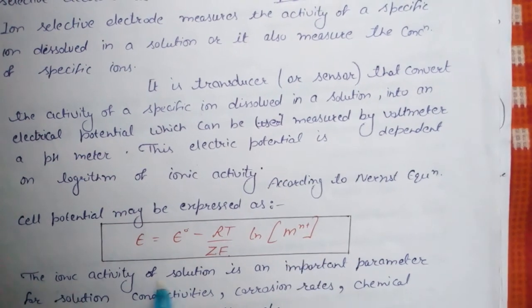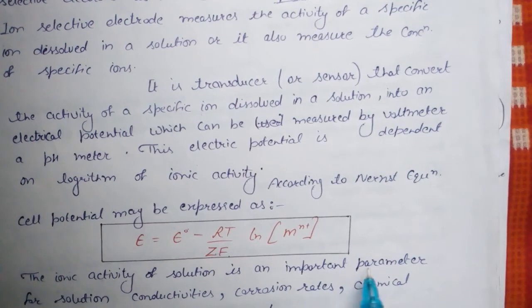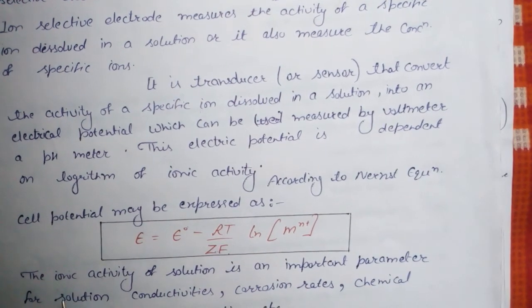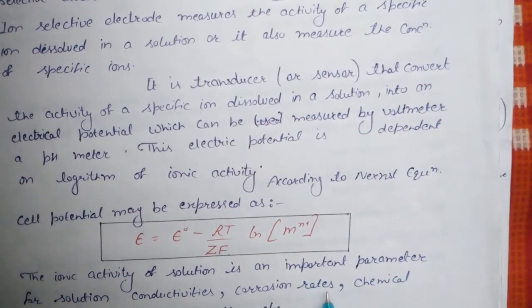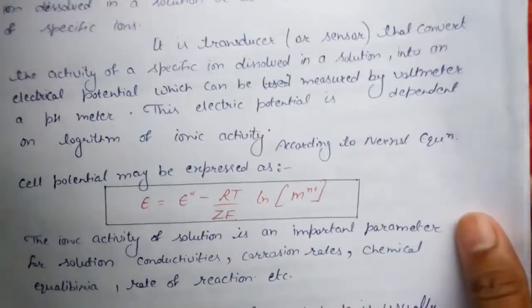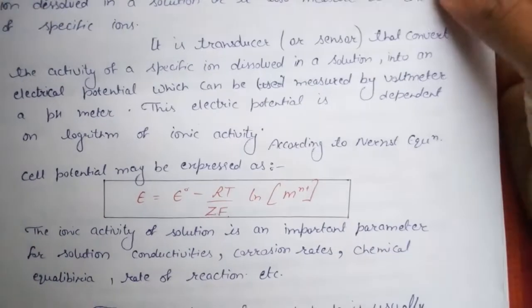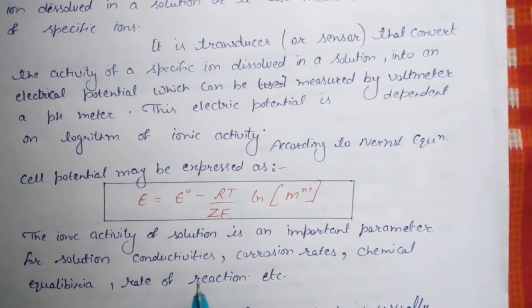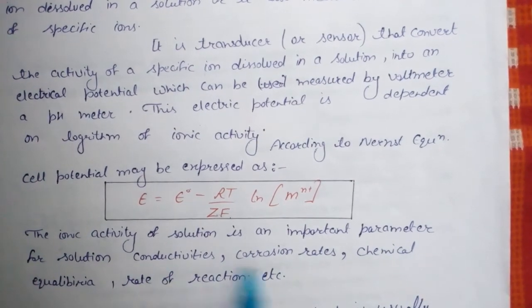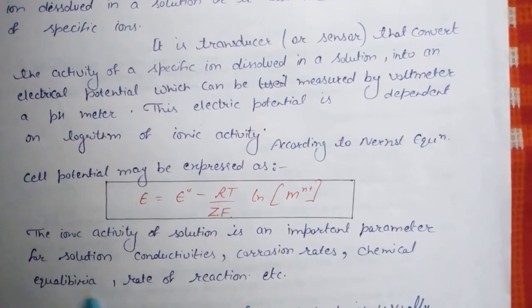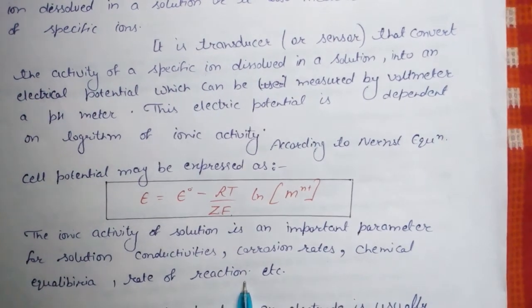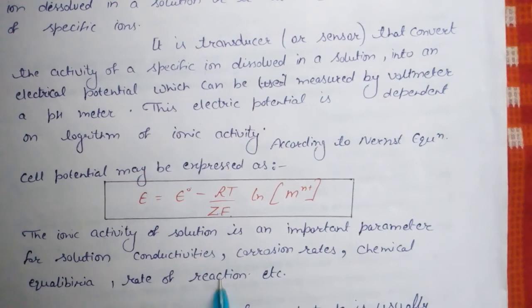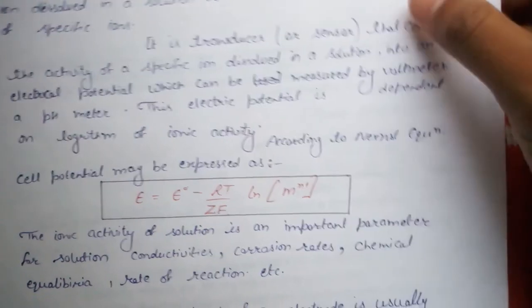The ionic activity of a solution is an important parameter for solution conductivity, corrosion rates, chemical equilibria, or rate of reaction, etc. Conductivity, corrosion rates, chemical equilibria, and rate of reaction, right? These are the parameters. After it, the sensing part.